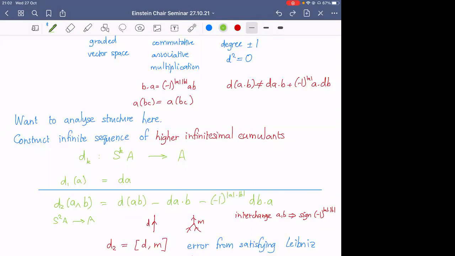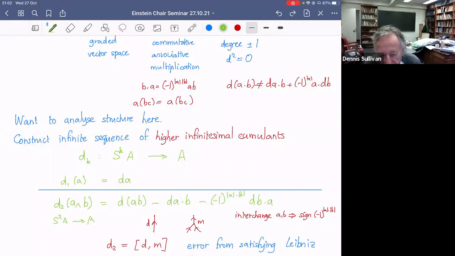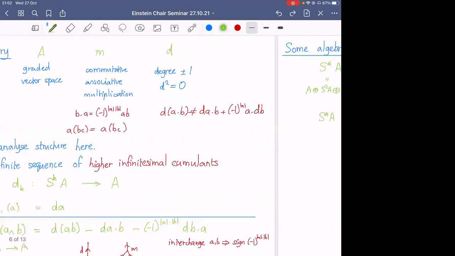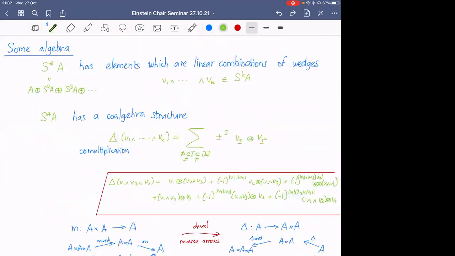Okay, so that's. Is it worth saying what you mean by S of A when A is a graded vector space? Just to remind everybody. Yes, actually I've got that on the next page, but yes. So you consider S of A, so you think of it as a subspace of the tensor algebra.